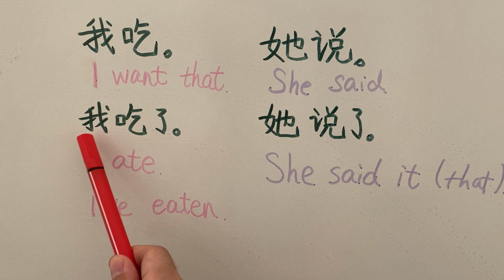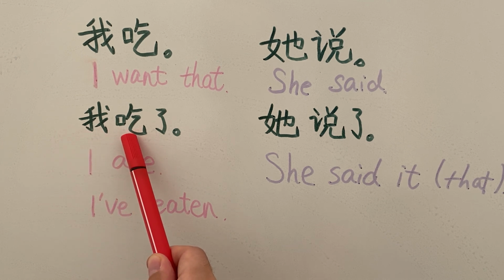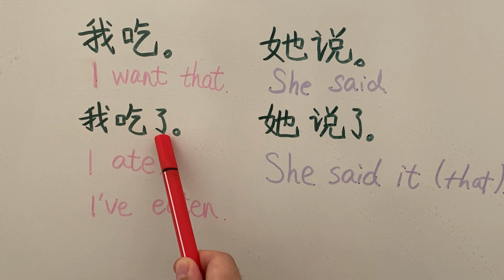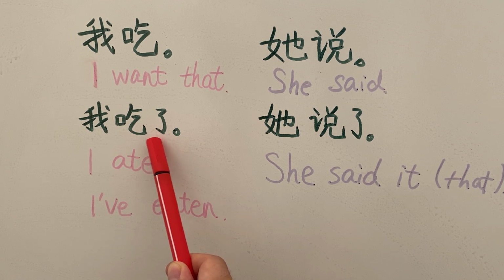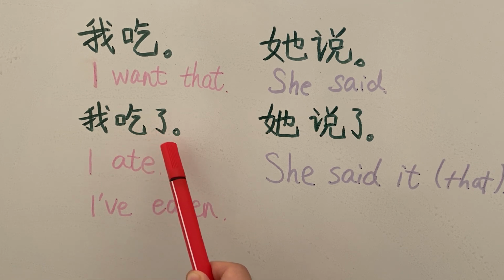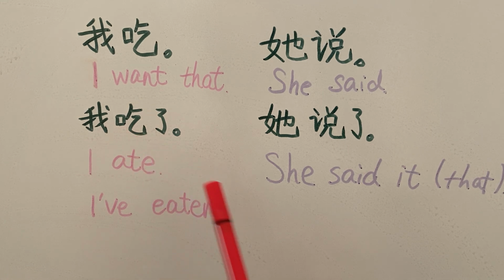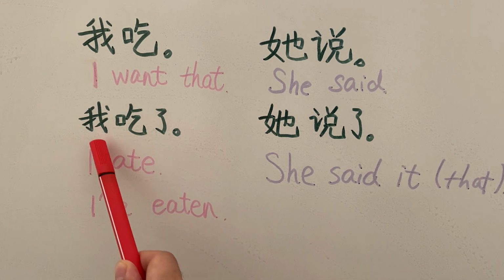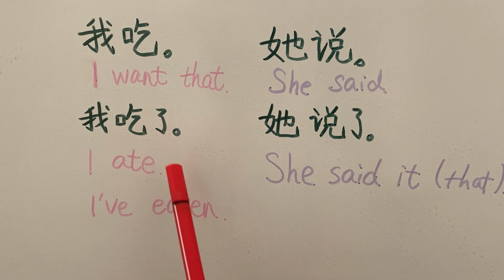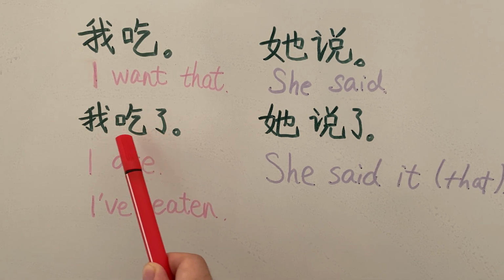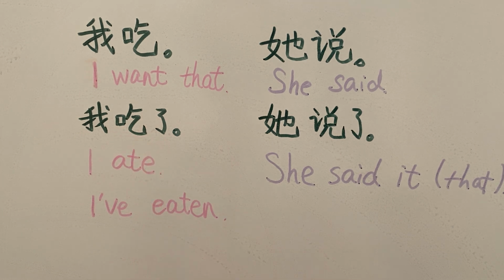I, 吃, to eat. Le is the suffix to indicate that the verb 吃 happened in the past. 我吃了. Le is the past tense or present perfect of the verb 吃, right? So it can be translated as I ate or I've eaten already.